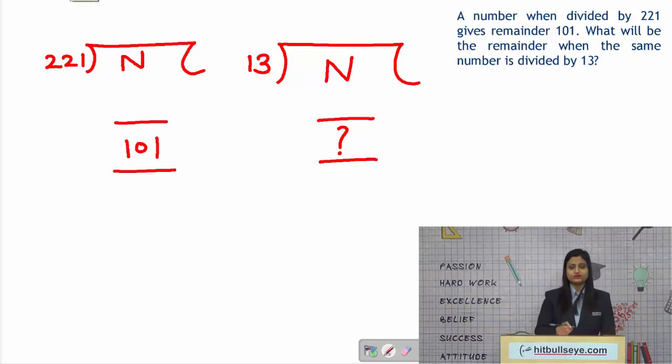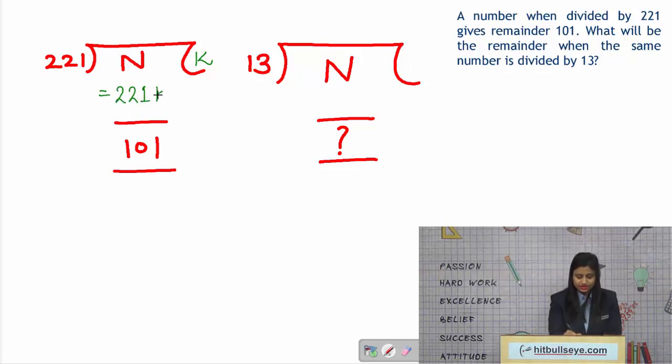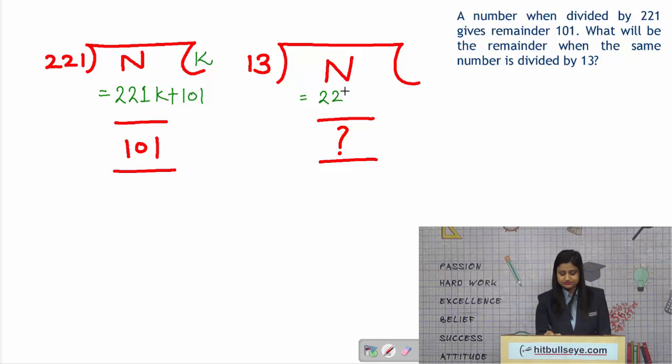So as we know that dividend is equal to divisor into quotient plus remainder. So let the quotient be k. So we can safely assume this n to be 221k plus 101.